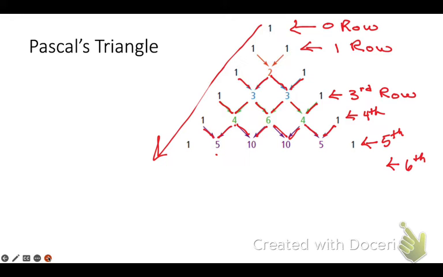Austin, what's the sixth row? 1, 6, 15, 20, 15, 6, and 1. Yes, it is.